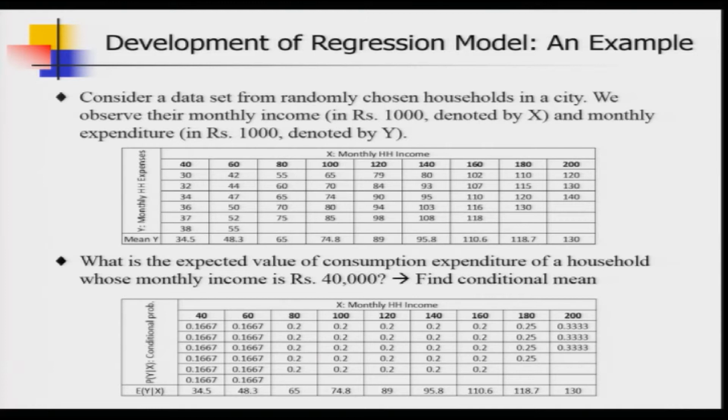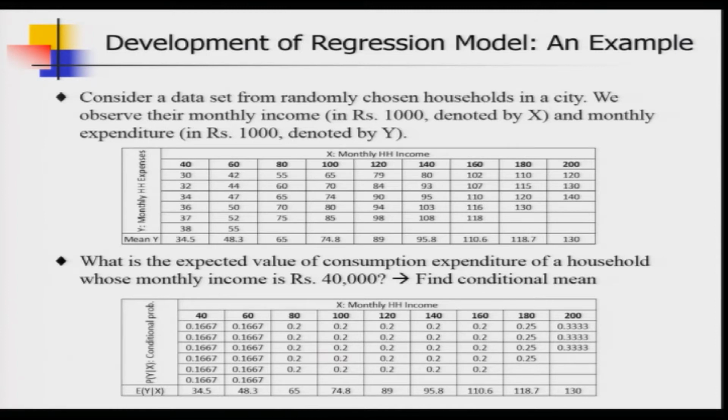So, do not worry about how the numbers are generated at this moment, but just assume that you see different levels of household incomes, and for each household income level I am reporting the monthly household expenses reported by various households in my sample.